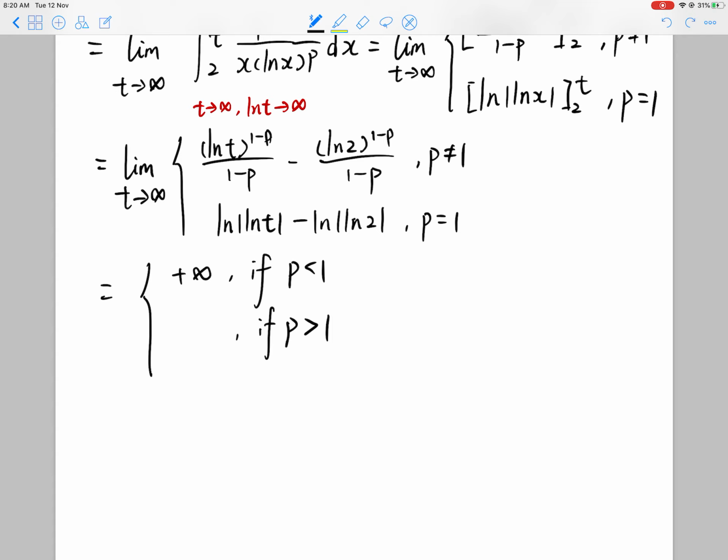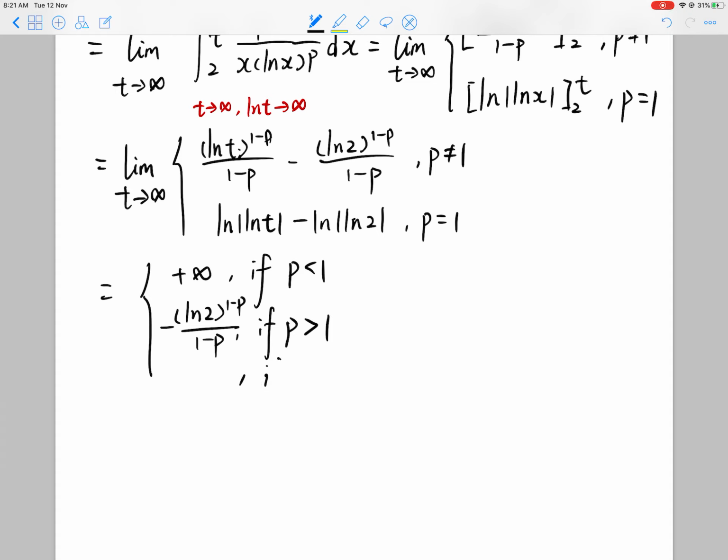So this whole thing is approaching 0. So it's going to be just negative ln 2 to the power of 1 minus p over 1 minus p. Okay.